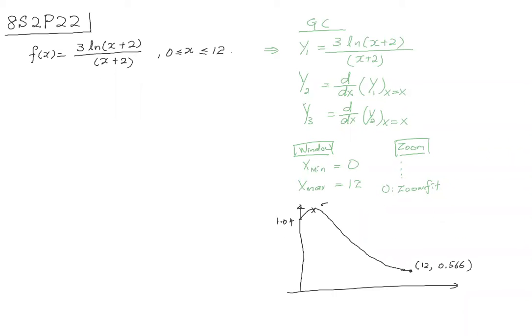Okay, so you can also find this turning point. Do you know how to find the turning point? You go second trace. Then you go to the maximum. This one, your GC, you go second, then you press this button, trace, then you select maximum.